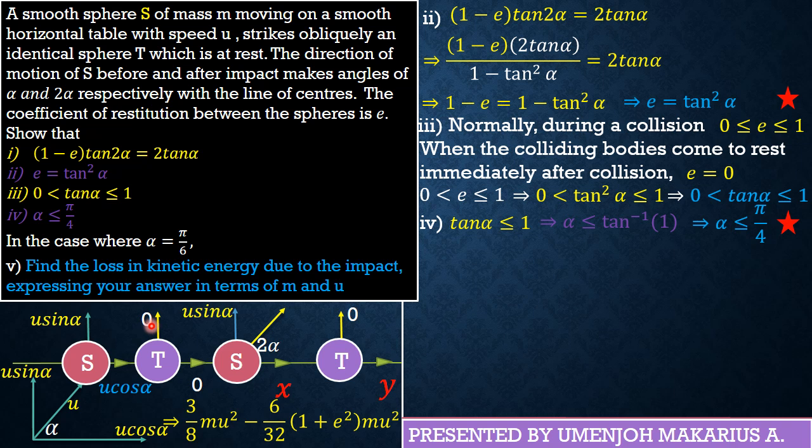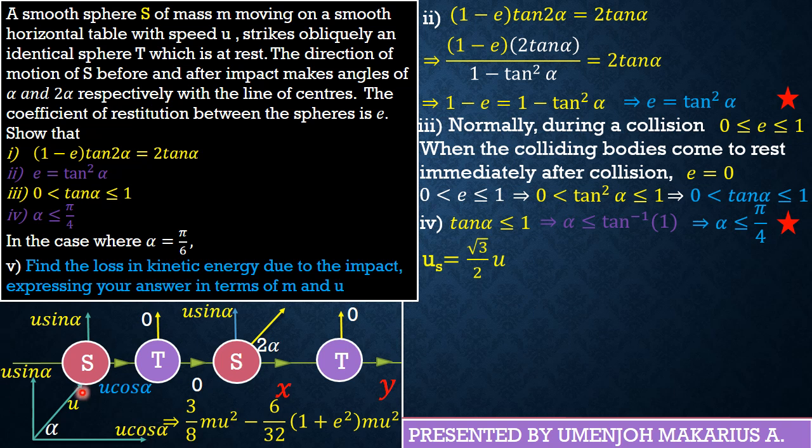So now if we substitute alpha to be pi over 6, for the initial velocity of sphere S, keep in mind that cos pi over 6 is the same as cos 30, and cos 30 is root 3 by 2. So this is going to be our U_S.